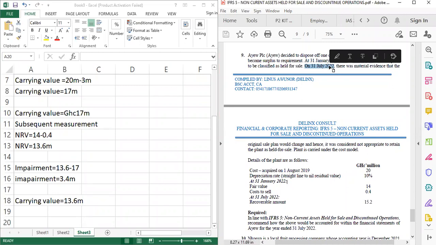Assuming the classification was not done, what should have been the value of the assets as at this date?